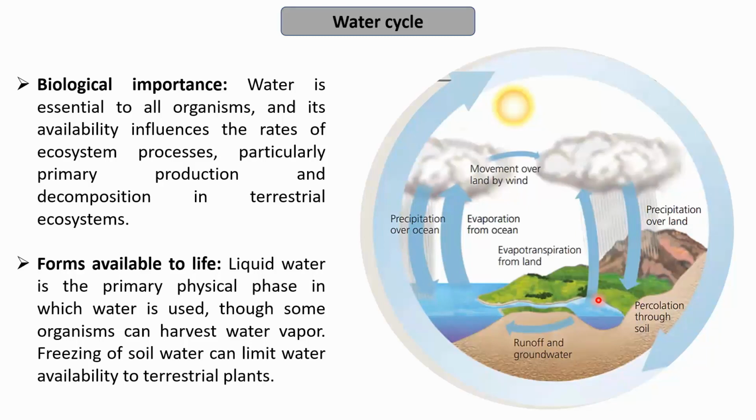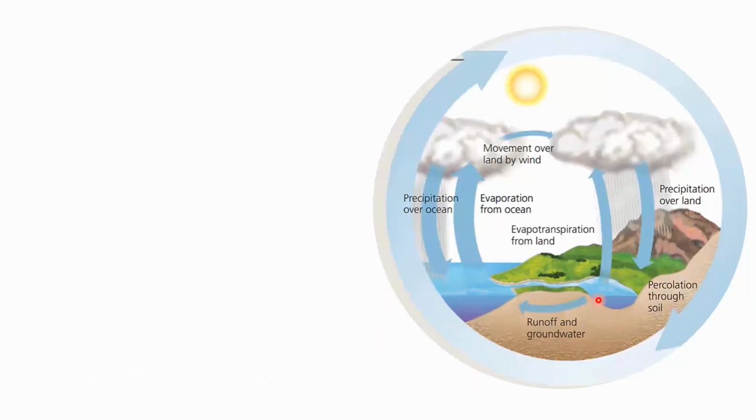So these are the different forms in which water may be available: liquid, vapor, or frozen. The roots of terrestrial plants cannot take up frozen water, so freezing of soil water limits its availability to them.